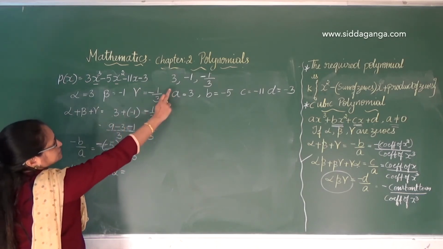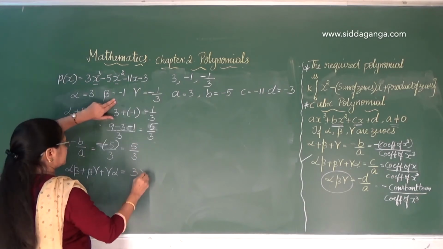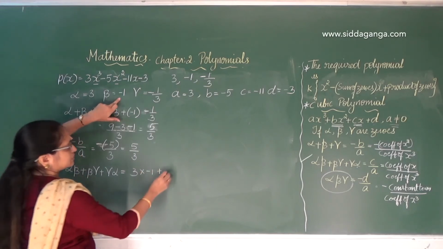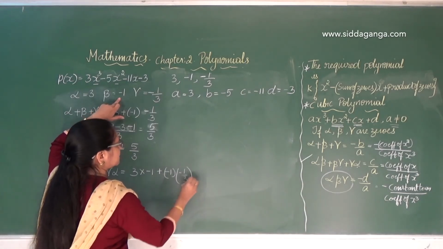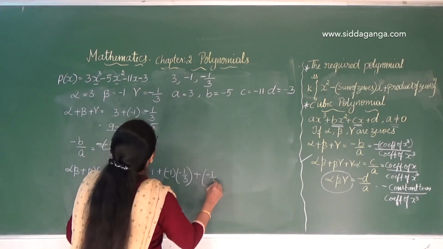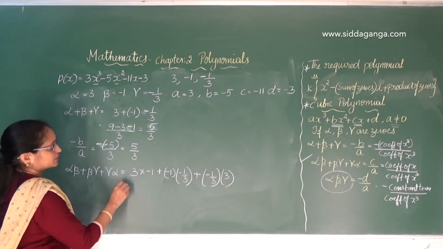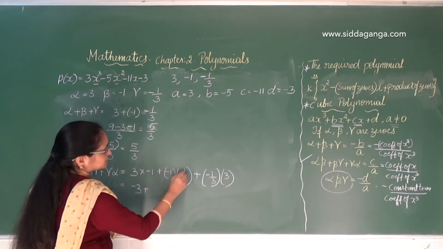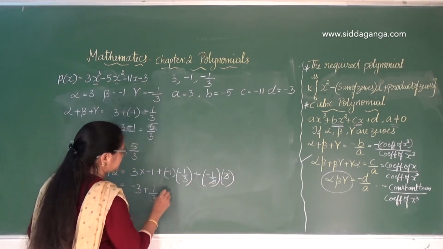So alpha is 3 into minus 1, plus beta minus 1 into gamma minus 1 by 3, plus gamma minus 1 by 3 into alpha 3. Now here minus 3, and here minus into minus becomes plus 1 by 3, and here 3 gets cancelled, minus 1.